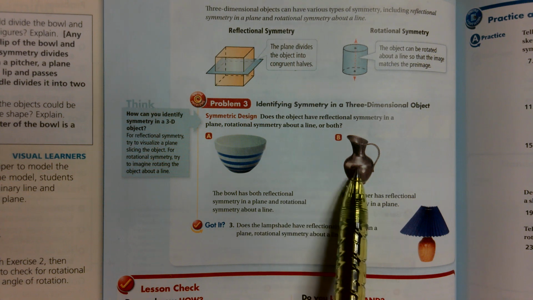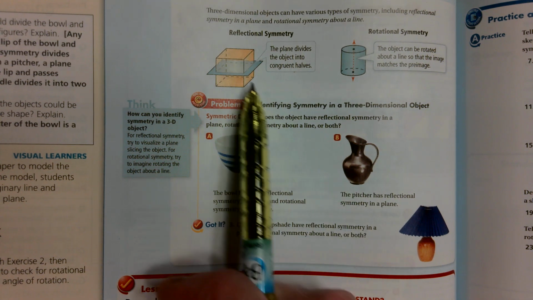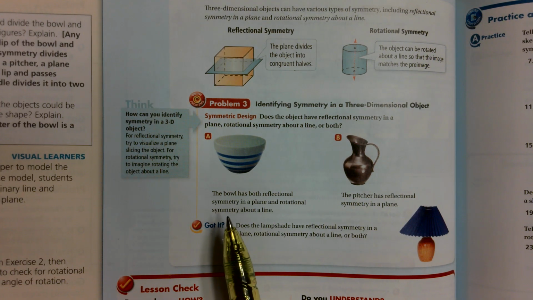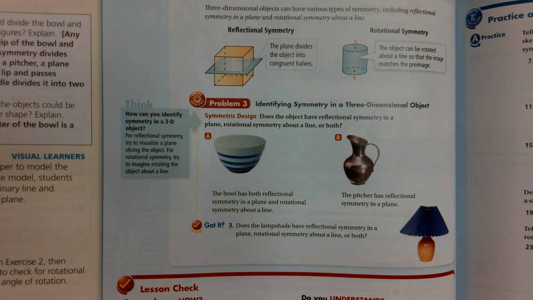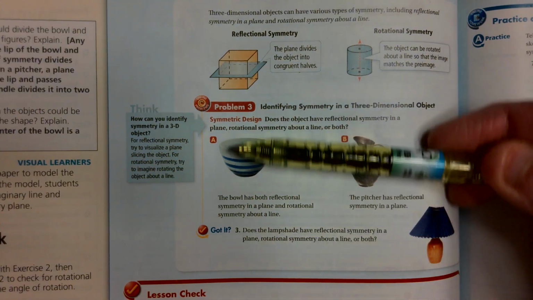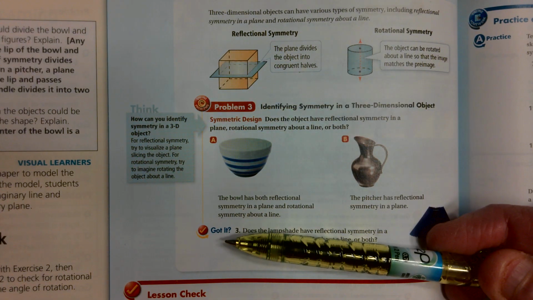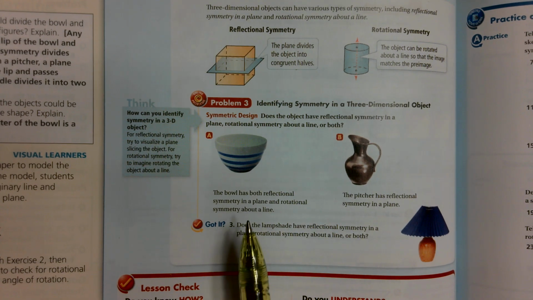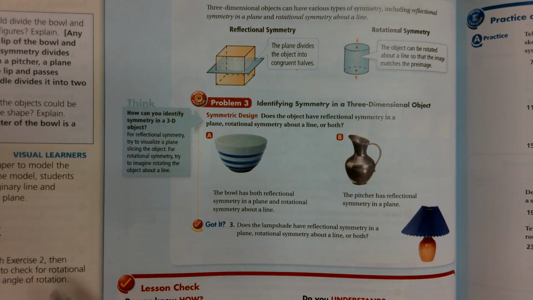So let's go back to reflectional. Is there a plane that you could cut through this picture and have the same thing on both sides? And the answer is yes, right? If you cut right through the handle and the spout, exactly through the middle there, you'd have the same thing when you cracked it open on both sides. How about this?